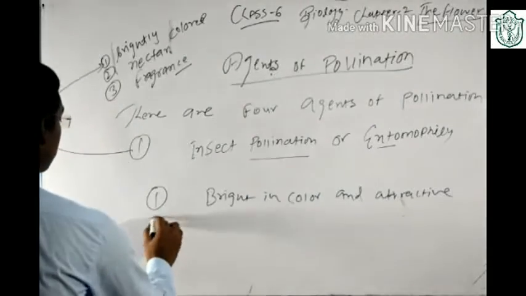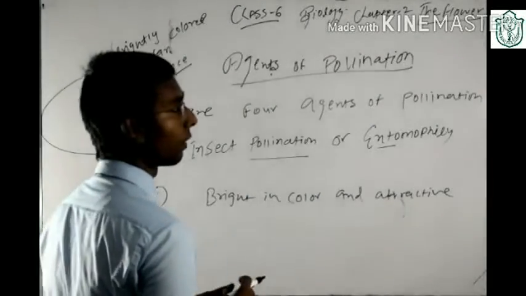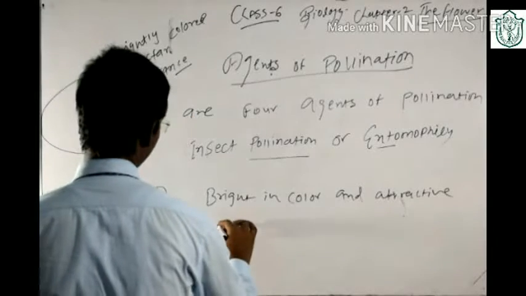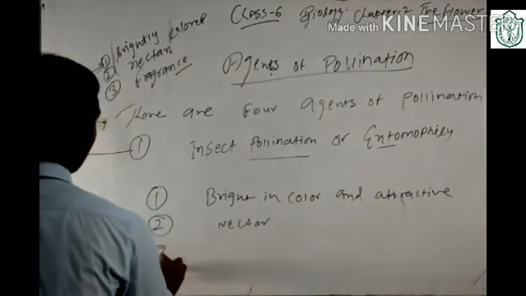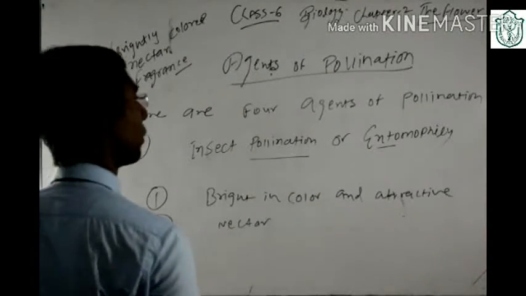Number two, the flower has nectar. And number three, the flower has fragrance to attract the insects.